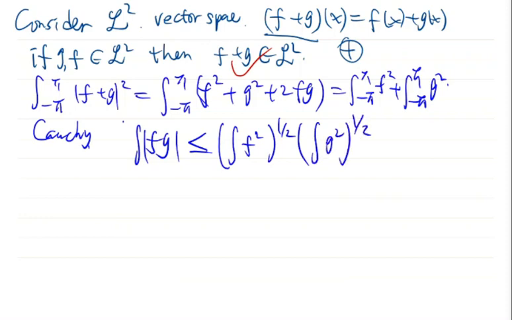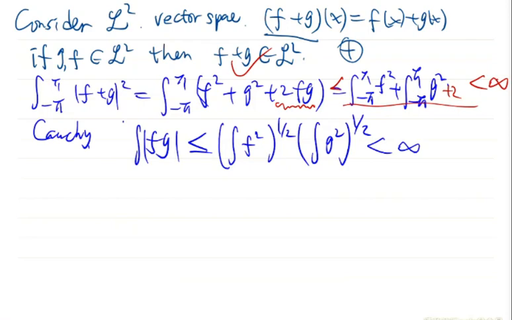Using this, and since f and g belong to L2, this is finite. Therefore, the integral of this term makes sense and will not be greater than... I have no space to write. Anyway, this is a finite number.